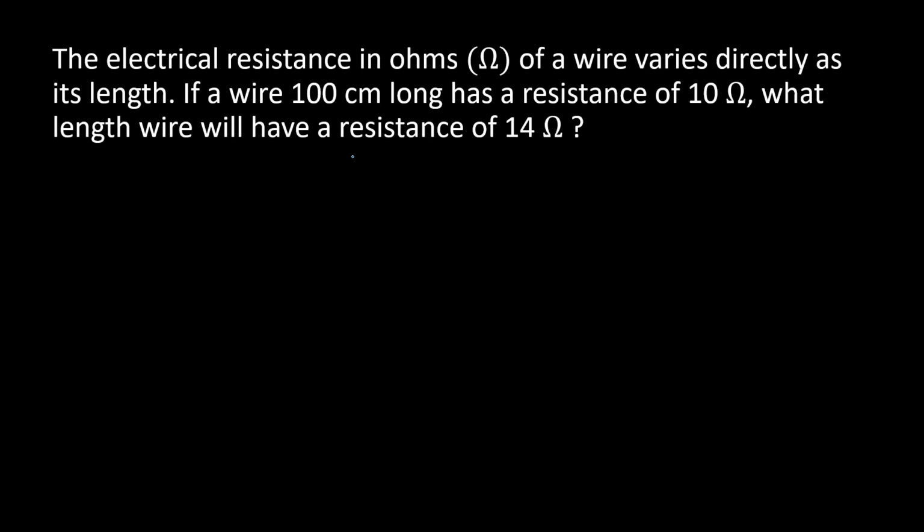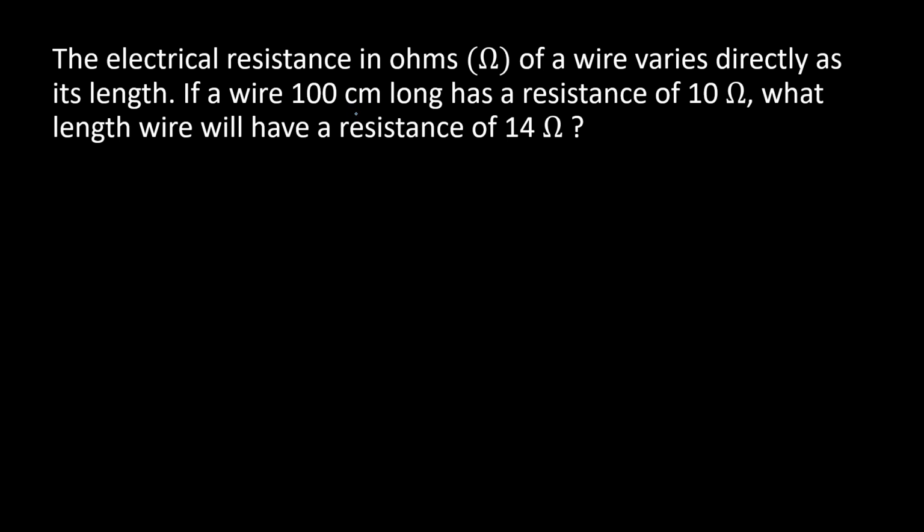Here's another scenario dealing with actual information, and in this case it's in the context of electronics, where we are told the resistance of a wire. The resistance is measured in ohms, and we're told that it varies directly as the length. So starting with just that, we need an equation.